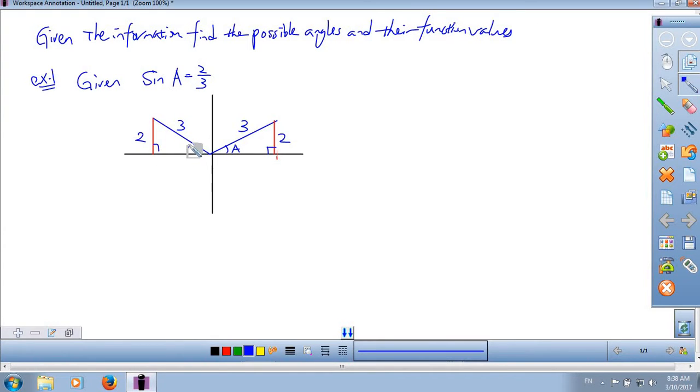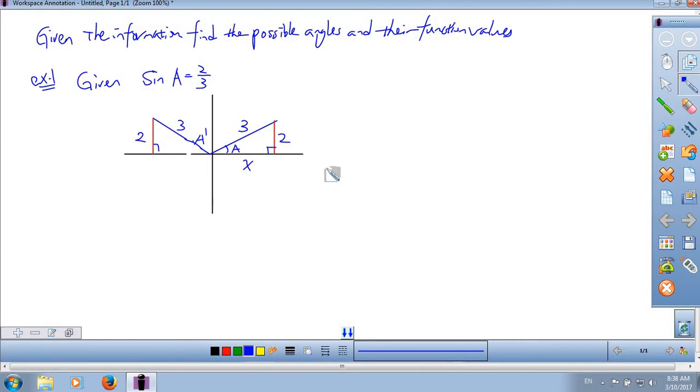Let's call this A prime. For A, the y value and the r value are both positive. For A prime, the y value and r value are also positive, but the difference will be their x values. So how do I solve for the x value here?